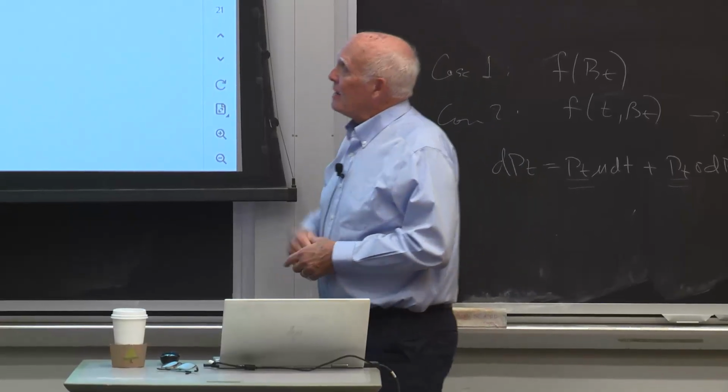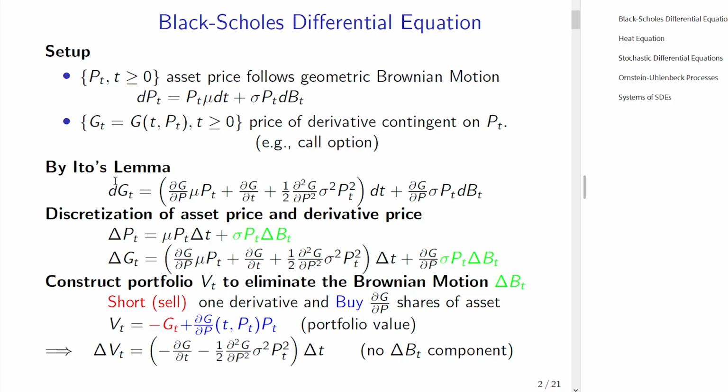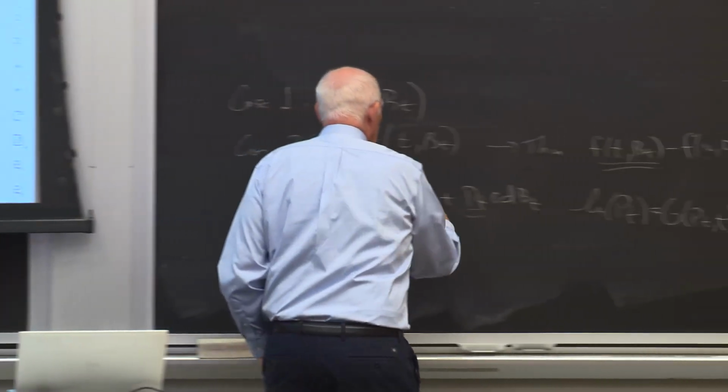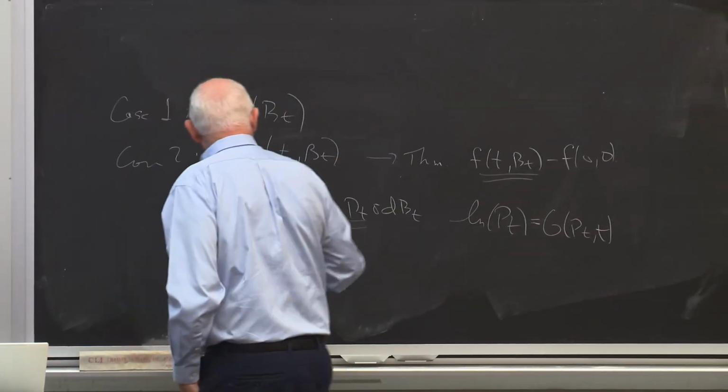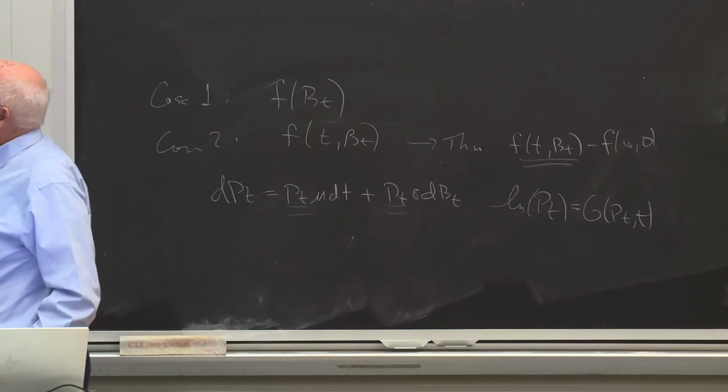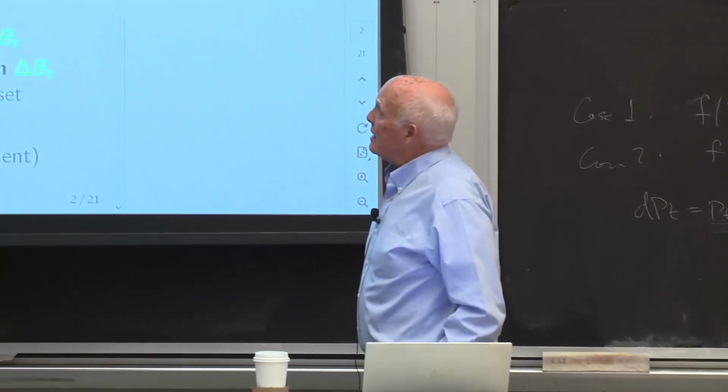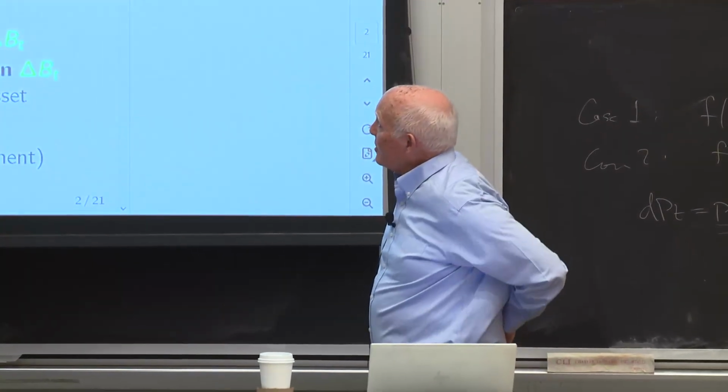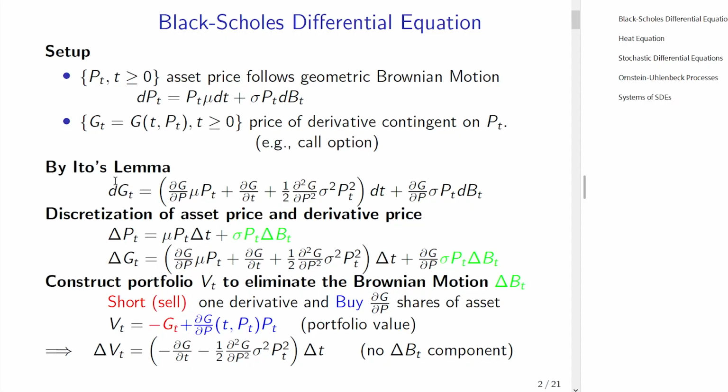If we have an asset price that follows geometric Brownian motion, so dP_t = mu P_t dt + P_t sigma dB_t, then let's consider the price of a derivative that's contingent on P_t. As a motivating example, say a call option, but we could consider arbitrary options or derivatives.